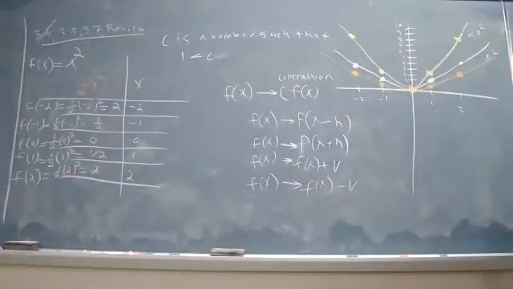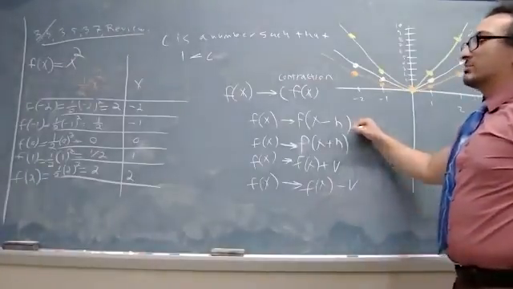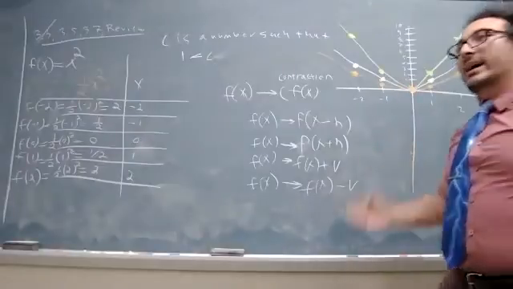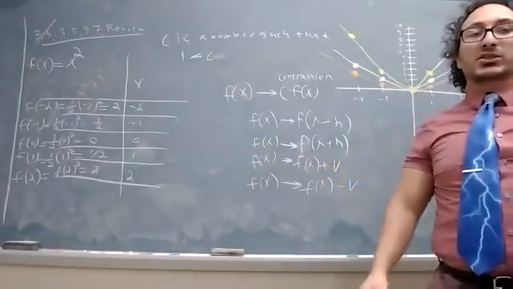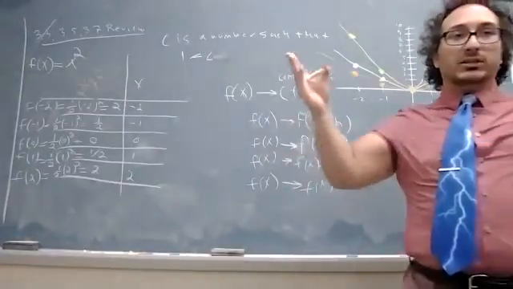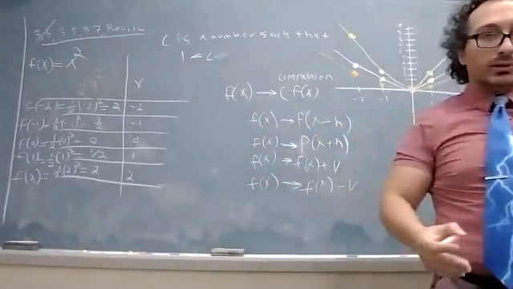Now, there's no quick rule of saying it contracts by this many units to the left, or this many units down, or shifts this way. It doesn't shift in a nice, even way. The contraction is actually different, and you have to test it for all the different points.